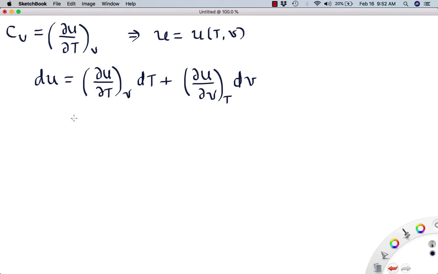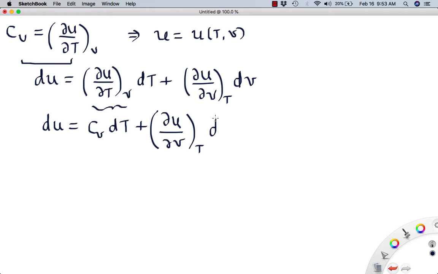Okay, and then we can use this expression for CV here. So dU is equal to CV dT plus partial U partial V at constant T dV.